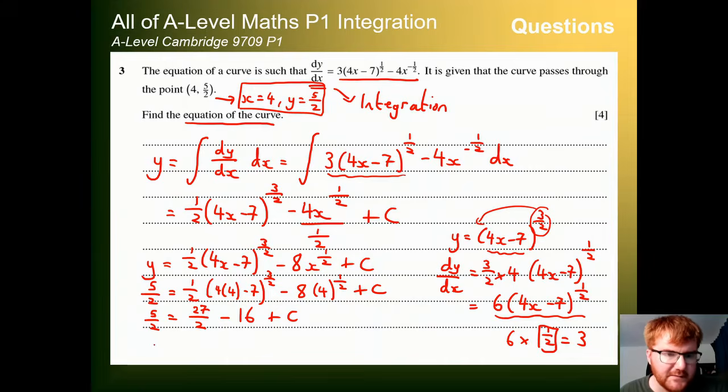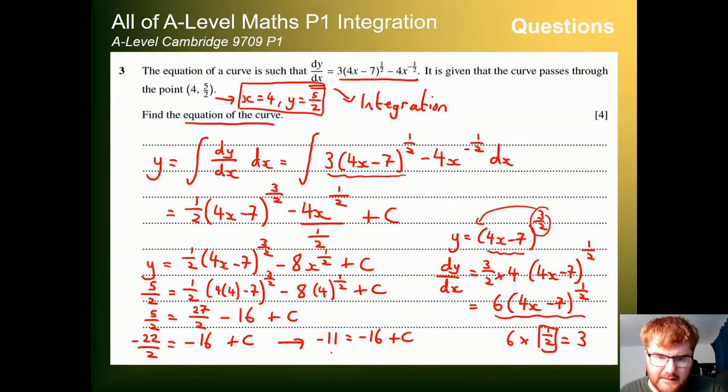Okay, so let's see what we get here. If we bring the 27 over 2 to the other side, so minus 27 over 2 on both sides, we get minus 22 over 2 is equal to minus 16 plus c. That means then that minus 11 is equal to minus 16 plus c. And therefore c again must be equal to 5. Must like the number 5 for some reason.